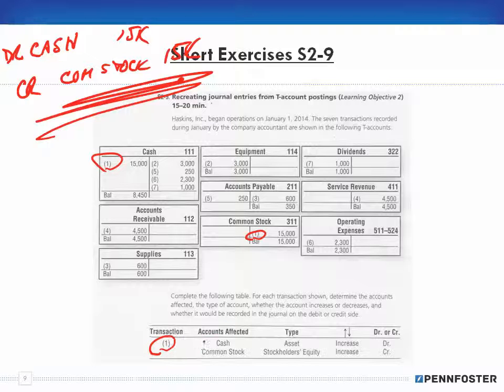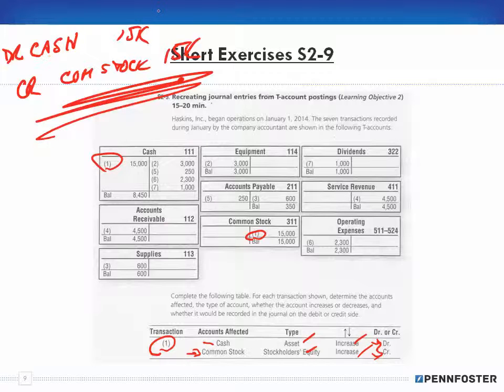Number 1 shows cash and common stock, and I'm debiting cash and crediting common stock. Now the rest of this problem is saying cash is an asset and common stock is equity, and we see that we're increasing our asset and we're increasing our equity.